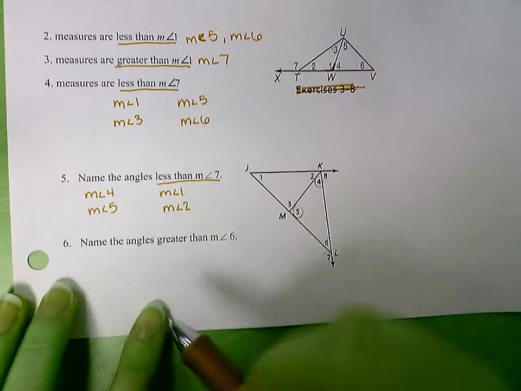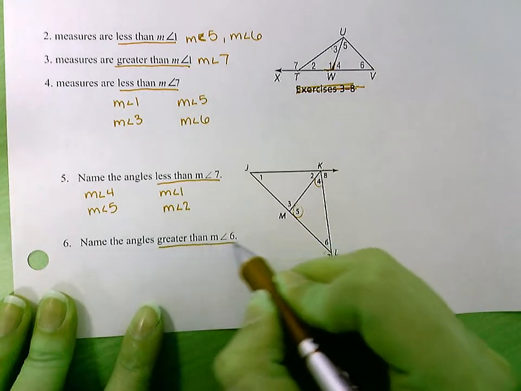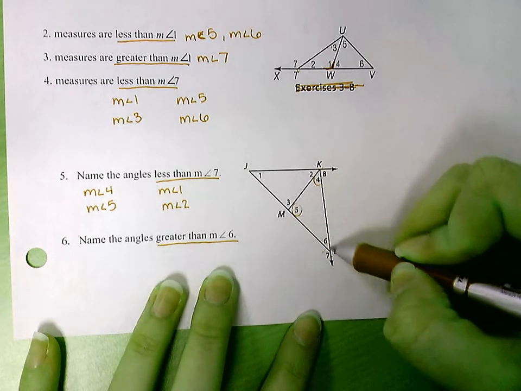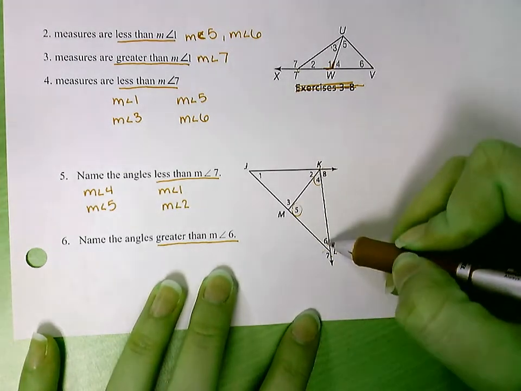Okay, then number 6, we're looking for angles greater than angle 6. Okay, so again, we want to look where 6 is a remote interior angle then. So we're looking for exteriors. So I'm going to, again, look at this smaller triangle first, since angle 6 is part of that smaller triangle.